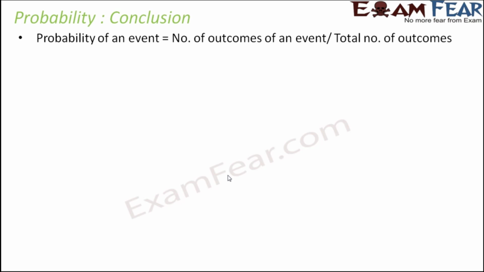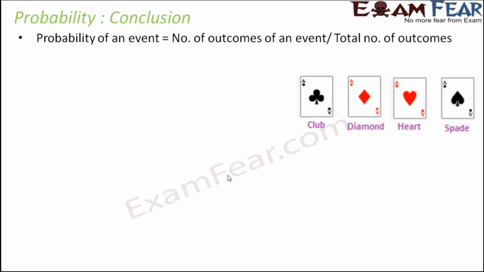So whenever we are talking about the probability of a particular event, let us take the same example of playing cards. Let us say we want to find out the probability of getting a red card, because I have told you that there are a total of 4 types of card, out of which diamond and heart are red in color, club and spade are black in color.